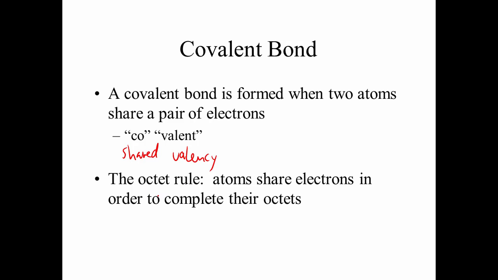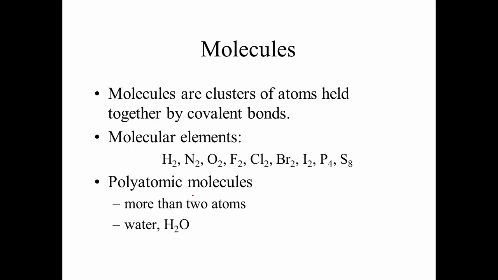So we're going to use this octet rule, count electrons as they're shared to see if atoms are completing their octets in a chemical molecule, which is the basis of Lewis structure. So to remind you, molecules are clusters of atoms held together by covalent bonds.